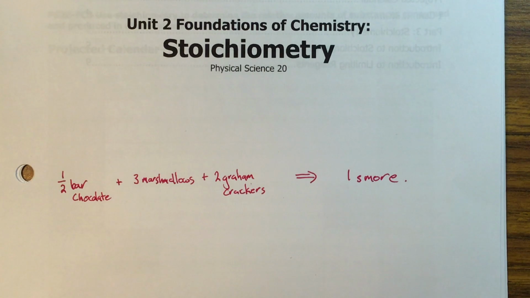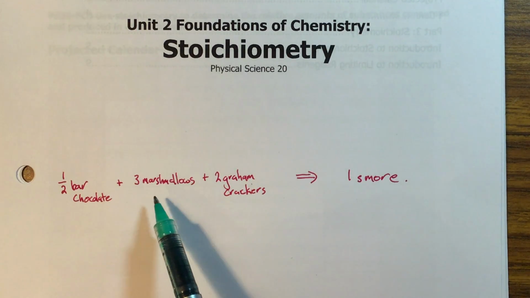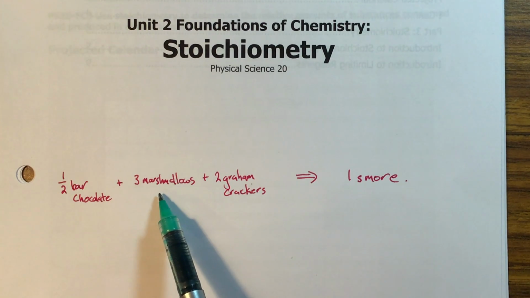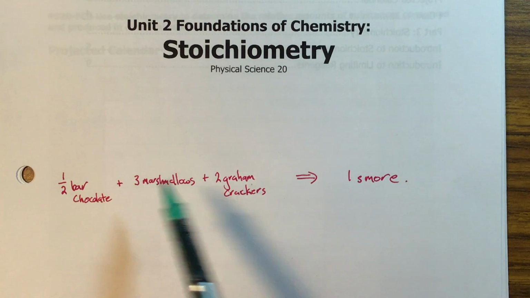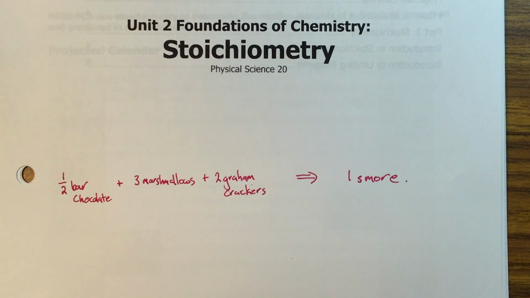But then we're going to get into more complicated questions. Like, if I have a bag of marshmallows, how many s'mores can I make? Well, a bag of marshmallows, let's say, has 60 marshmallows in it. Well, that's 20 times this, so I can make 20 times 2, 40 s'mores.